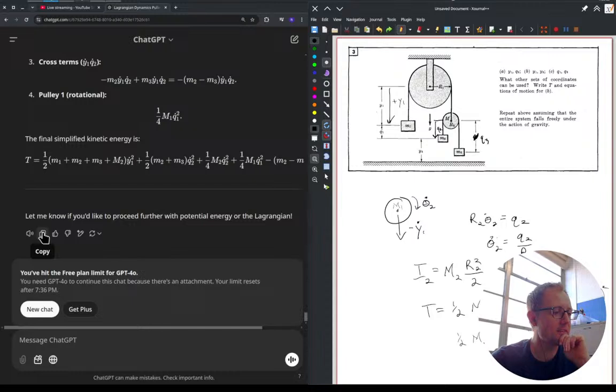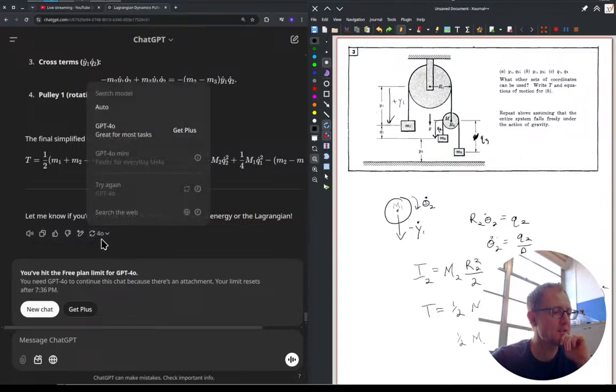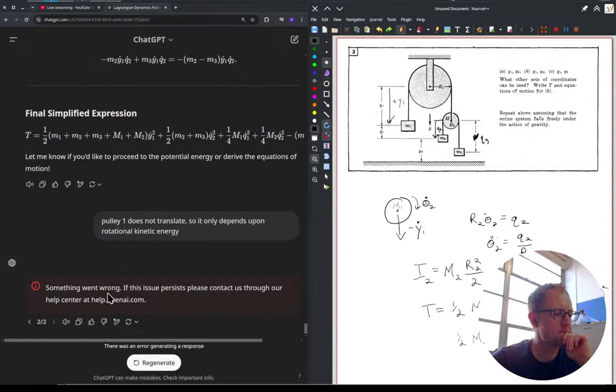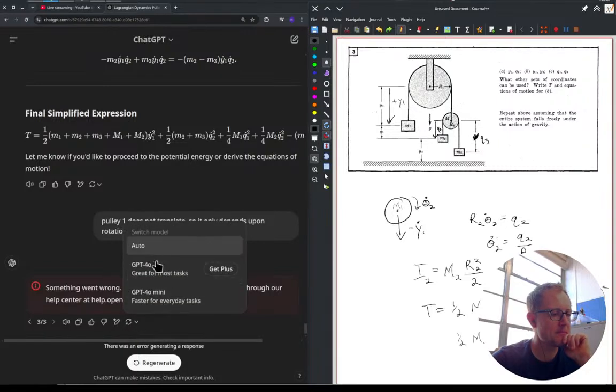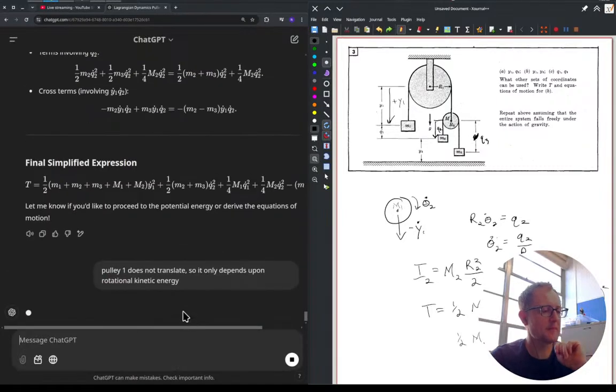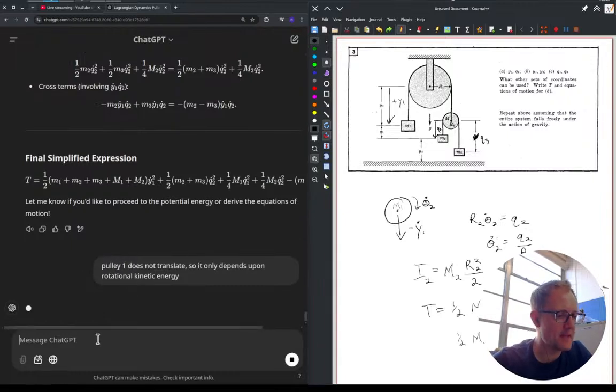Let's see if I can change the model. Oh, it doesn't like that one. I just want to go back to mini.